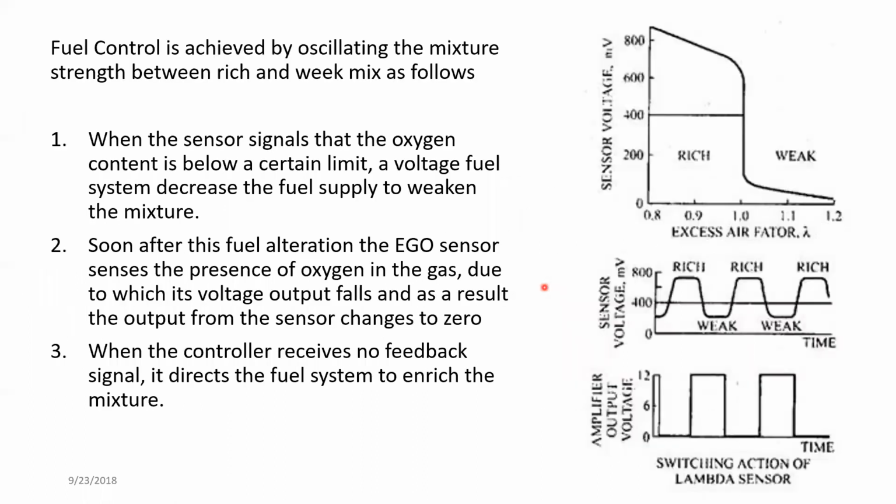But it does not give a digital signal. It's a voltage based on how much oxygen is available in the exhaust gas. The voltage changes from around 0.4, or 400 millivolts, to around 800 millivolts.